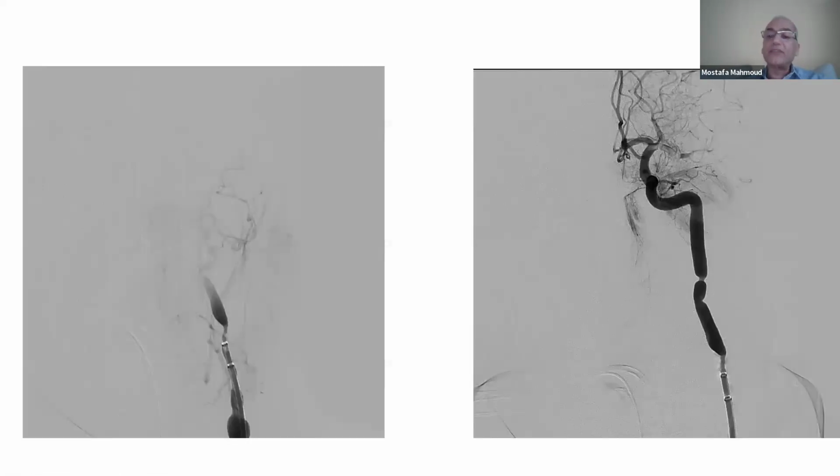So we advanced our Bobby catheter. You can see obvious dissection, a long segment of dissection here, stenosis here, and the long segment of dissection all through from the origin till this segment with obvious M1 occlusion.